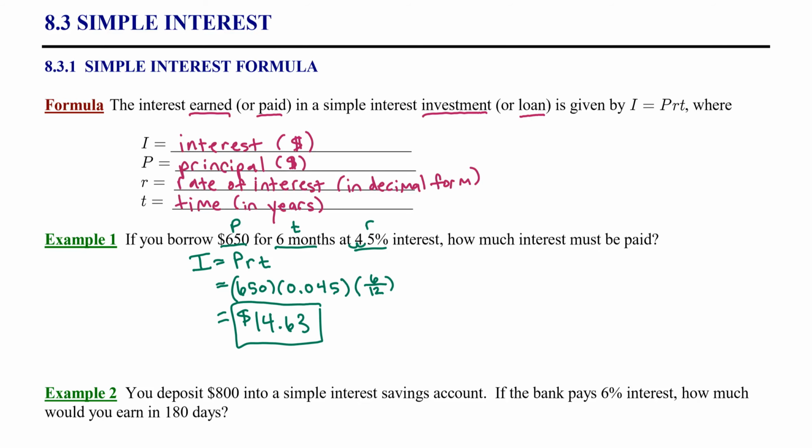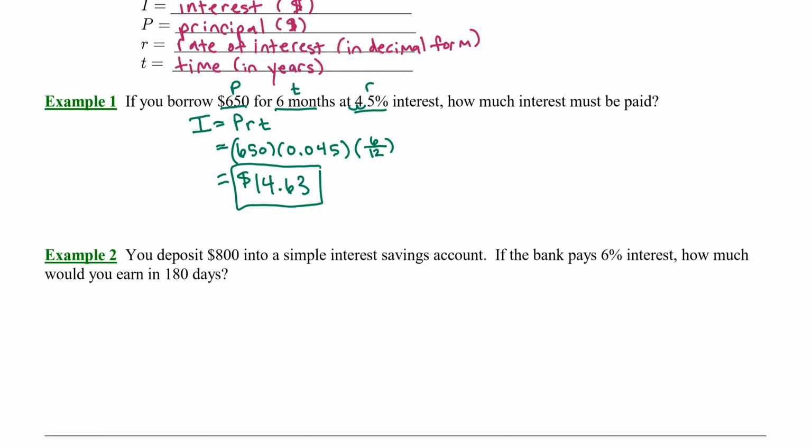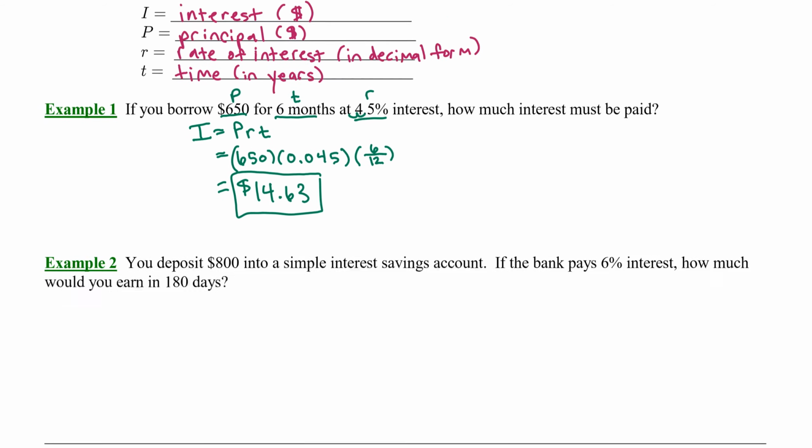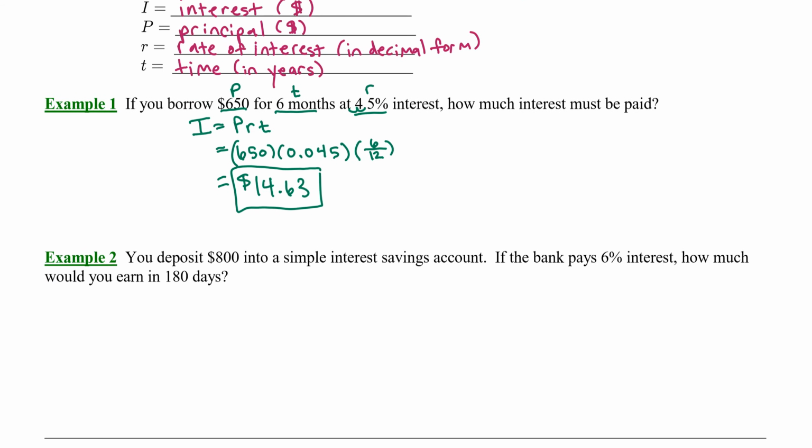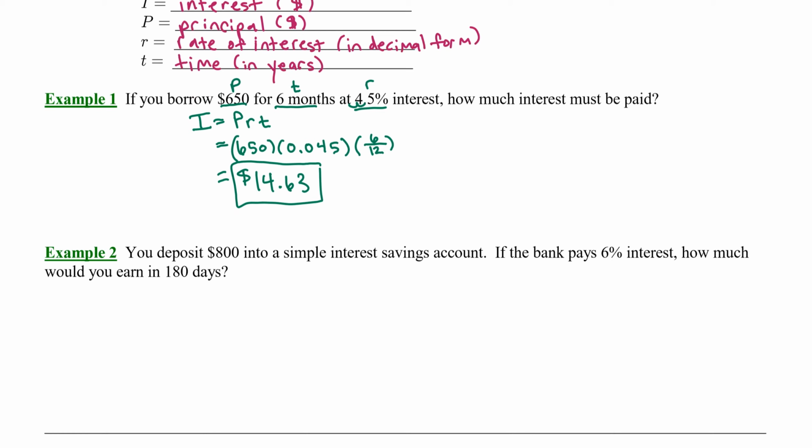Let's look at a different perspective, considering a savings account as opposed to a loan. Example 2. You deposit $800 into a simple interest savings account. If the bank pays 6% interest, how much would you earn in 180 days? So we're trying to calculate the amount of simple interest that we're going to earn.